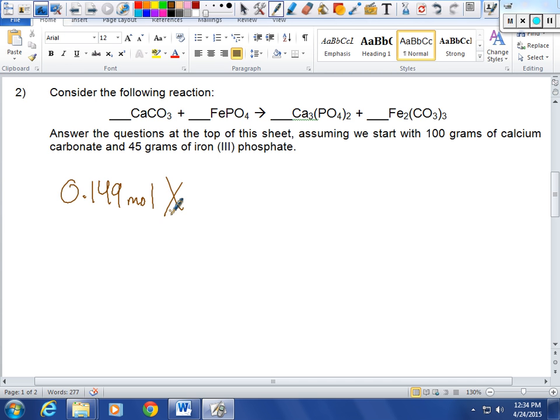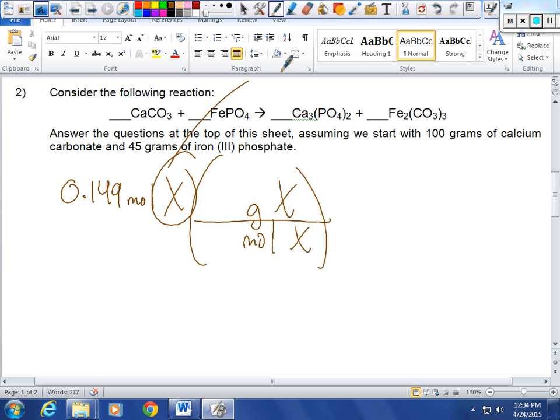I'm just going to put X because I'm tired of writing it. So we can go mole of X to gram of X, and obviously X is this thing. Okay, and now we've got to get a mass, and that thing is going to be aggravating to get. What is it? 291.72.